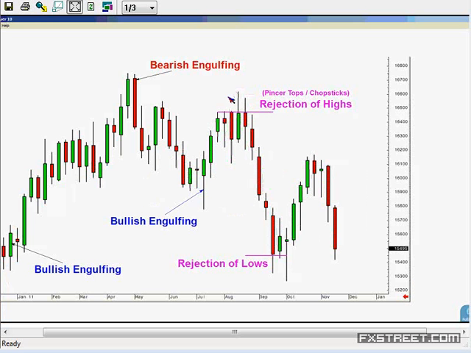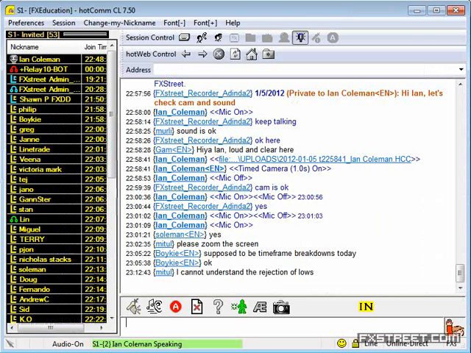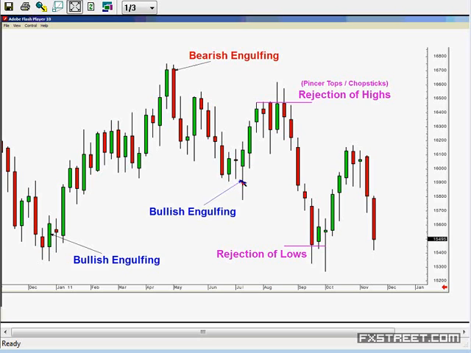Okay, we've got rejection of highs, pincers or chopsticks. A candle in any time frame is not complete until it's closed.